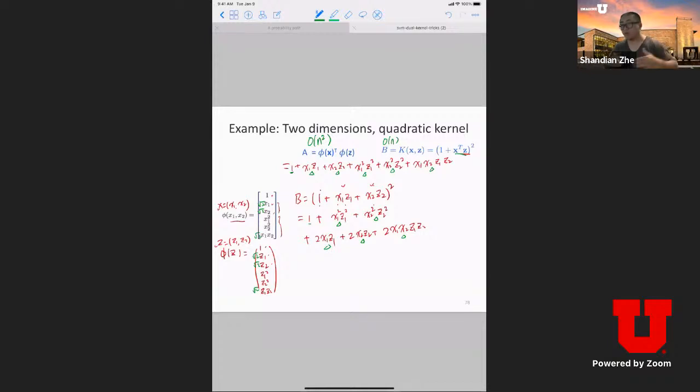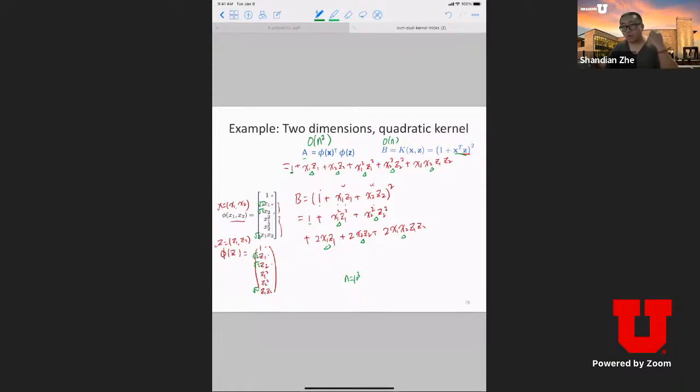Or maybe in the two-dimensional space, you didn't see the power. But as we gave the example just a minute ago, what if n equals 1,000? If you naively compute the mapped feature vectors' dot product like A, you're going to take a complexity of 1 million.